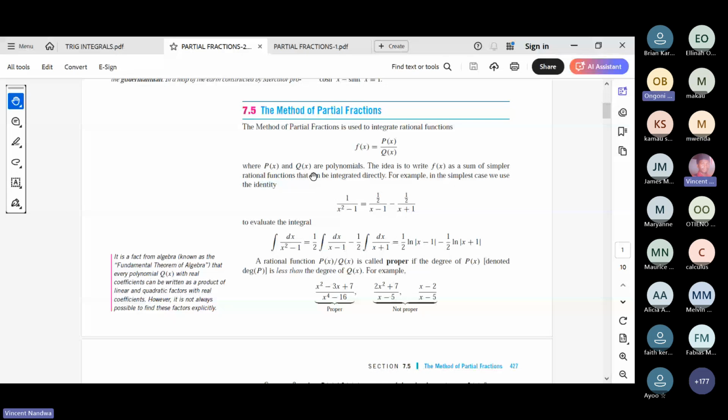So a rational function is a function of the form f of x equals p over q, where both p and q are polynomial functions or simply polynomials.